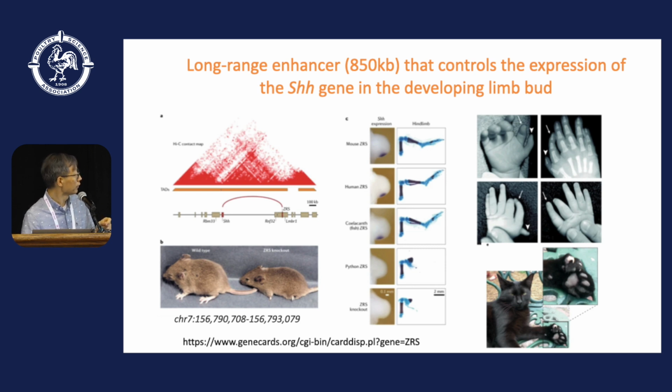If you look at it here, this is almost 1 million base pairs away, and it is located in an intron of LMBR1, which is totally not relevant to this. If you knock out this ZRS element, you will see the toes disappear. Again, the wild type has these toes, human has these, fish have this, and python, the snake, is without this, and the knockout is also without.